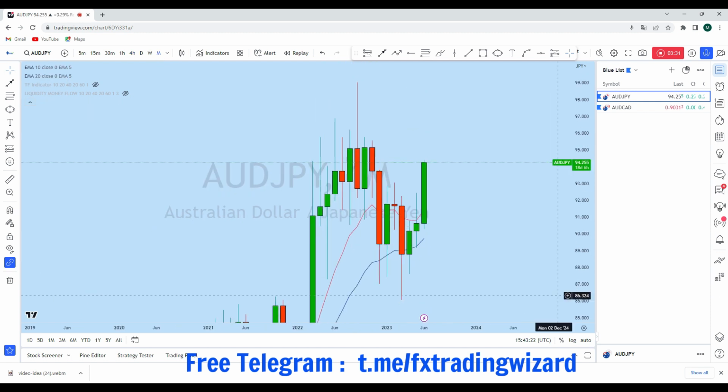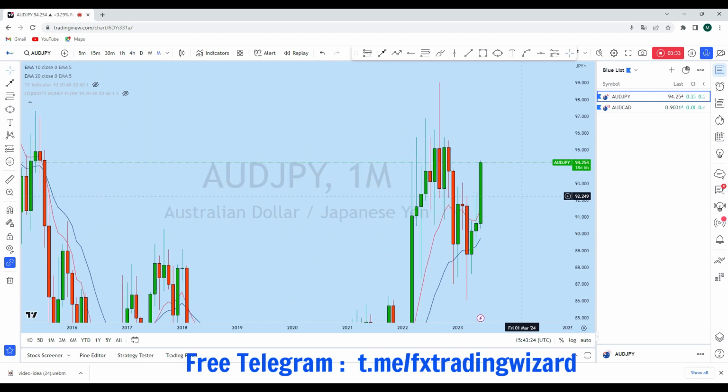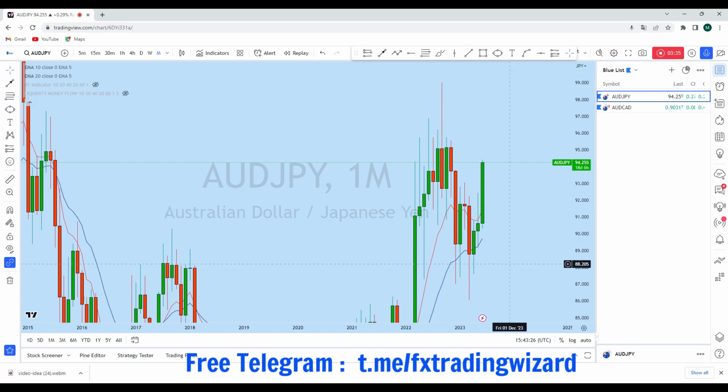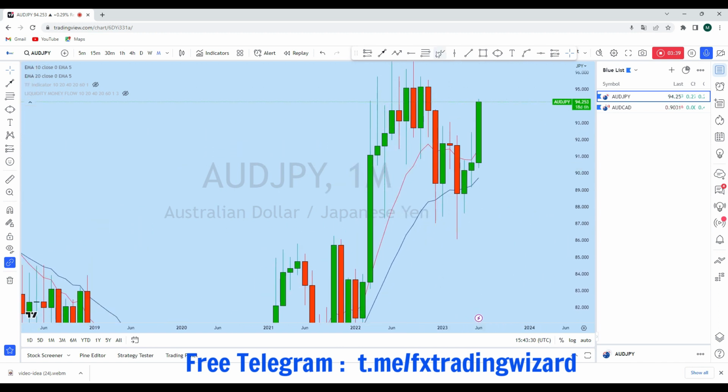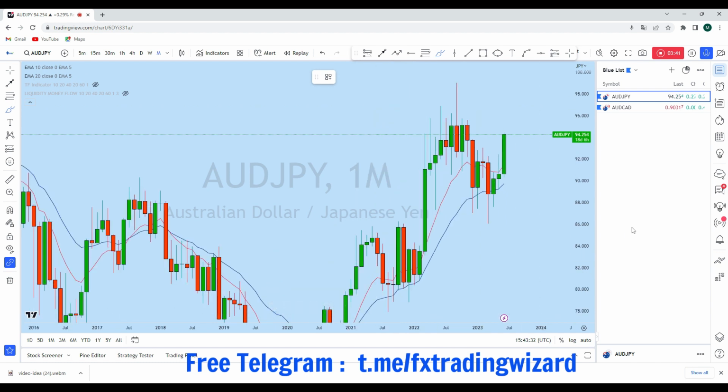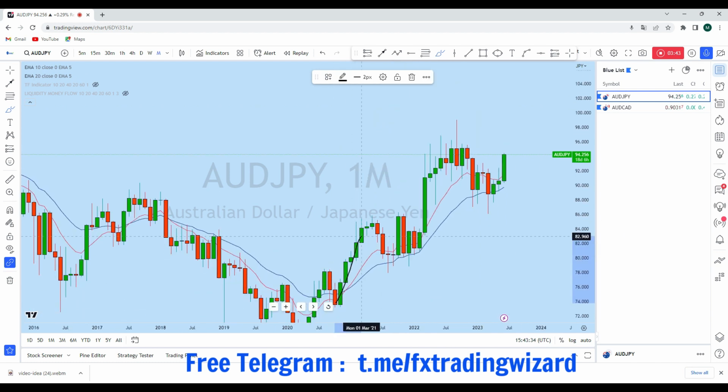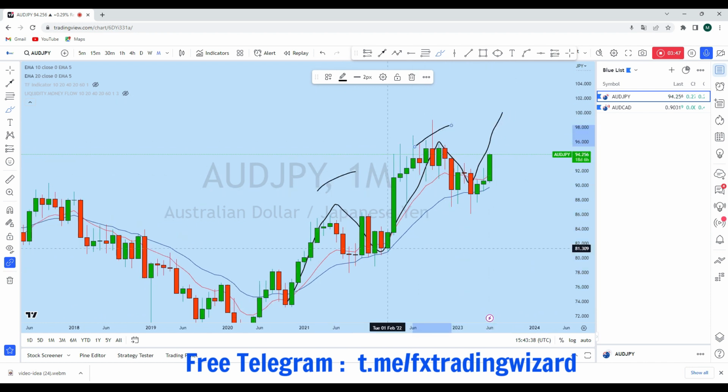Looking at the monthly perspective, we can see that AUD JPY is also a very strongly bullish market. This is a historically long-term bull market, as you can see with this impulse correction. The price is creating a series of higher highs and higher lows, which is a long-term bullish market.